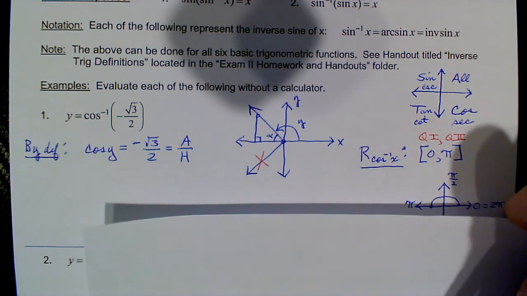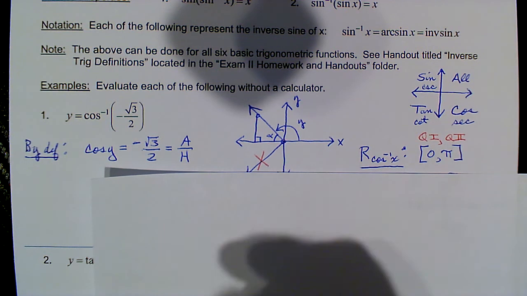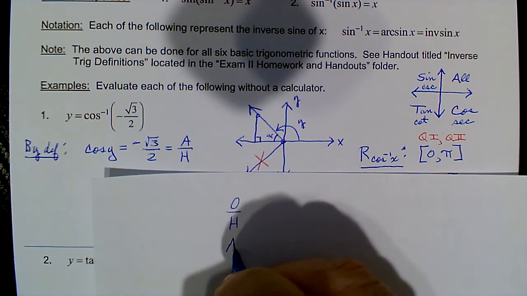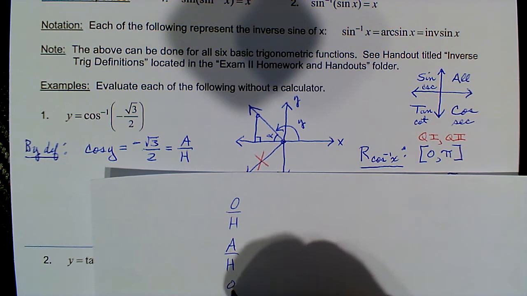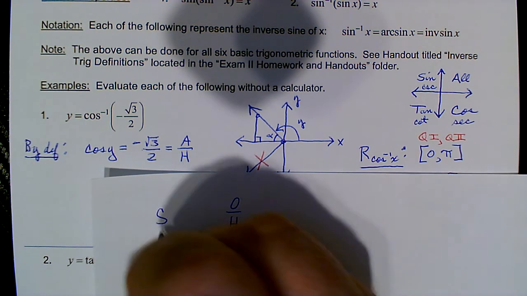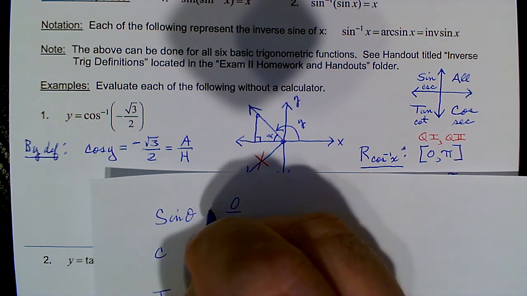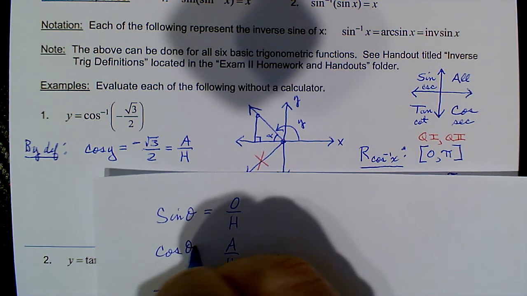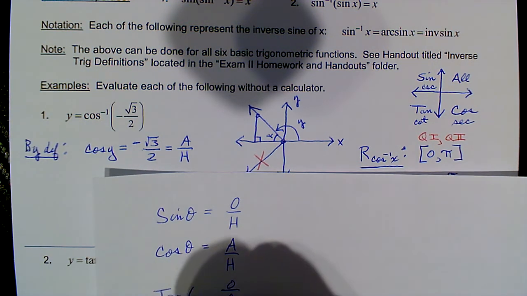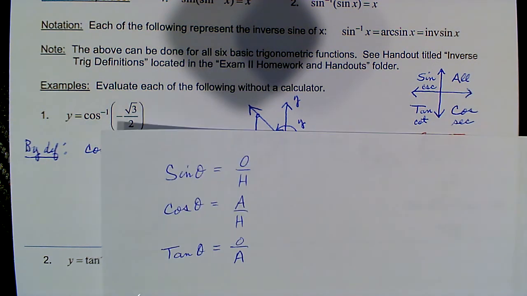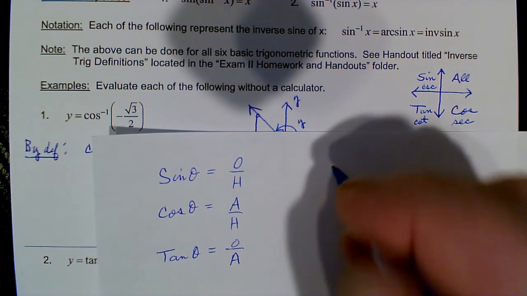I usually say Oscar had a heap of apples, some corn too, and that gives the sine of the angle, the cosine of the angle, and the tangent of the angle in terms of its opposites, adjacents, and hypotenuse. So that's what the O, A, and H stand for. And then you can get the reciprocals.